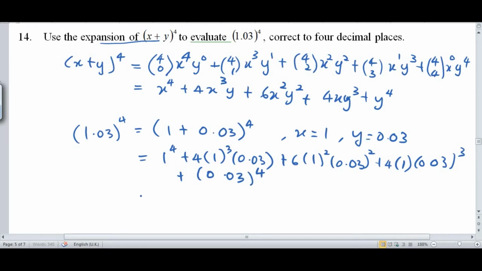Now you can calculate using your calculator, and you'll get the answer 1.1255. This is correct to 4 decimal places. So this is the answer.